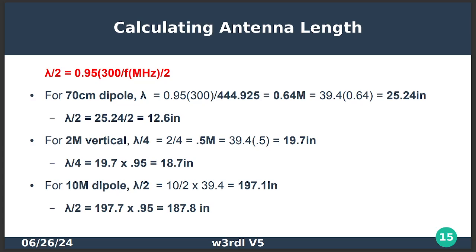So for 2 meters, in this case, we're looking for a quarter wavelength. 2 meters over 4, because we want a quarter wavelength, becomes a half meter. 39.4 times 1/2 becomes 19.7 inches, so that's just one side of that.